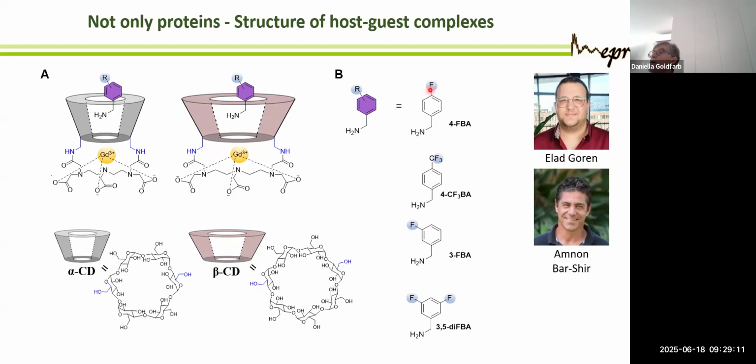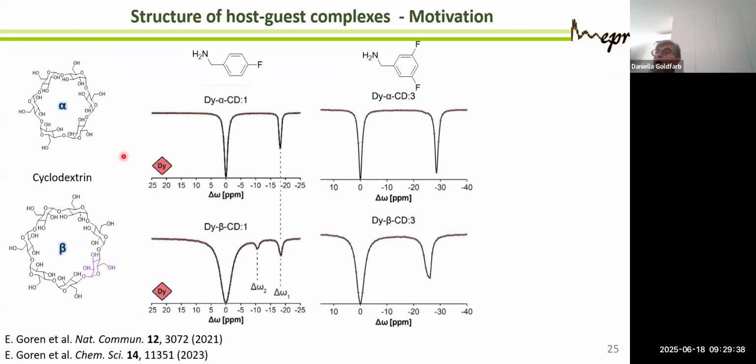They used fluorinated guests, all these different types of guests, and they put them in. Then they attached to the bottom of this cyclodextrin a chelate that can take lanthanide. This can be gadolinium or dysprosium or whatever. And they used an NMR method called CEST.